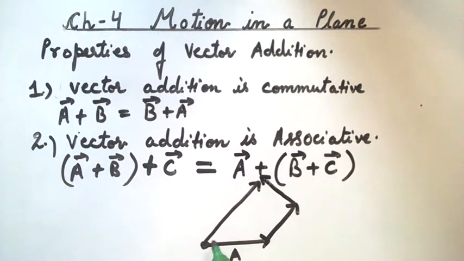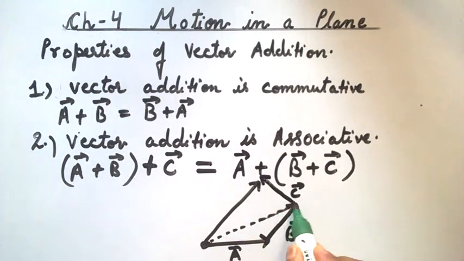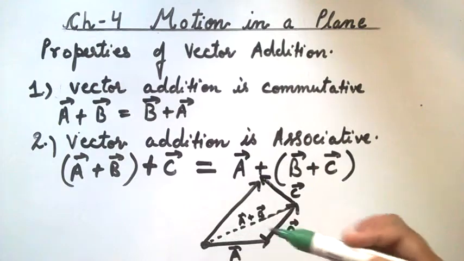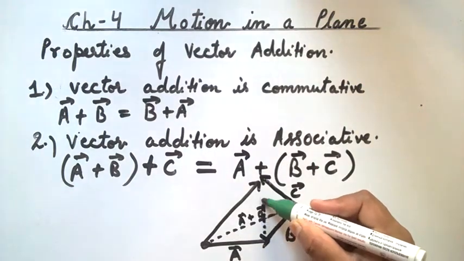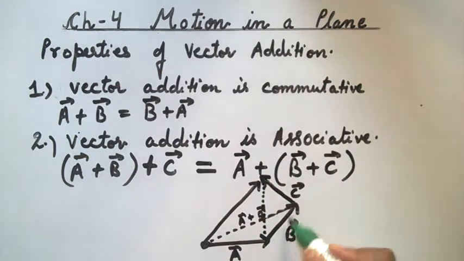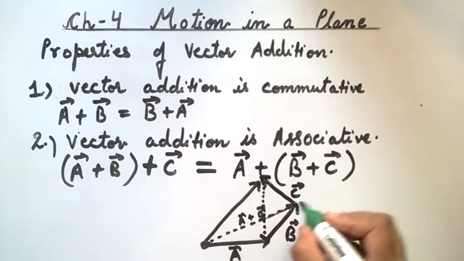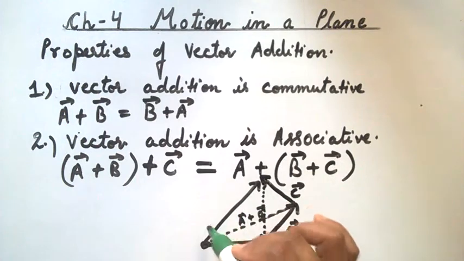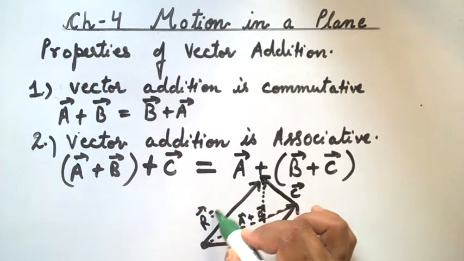As we have studied, this is A, this is B, and this is C vector. So this gives the sum of two vectors, the resultant, which is equal to A vector plus B vector. And this gives B vector plus C vector, the resultant of this. And this side gives the resultant of all three vectors.